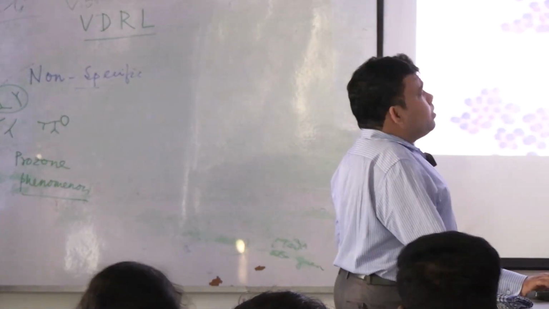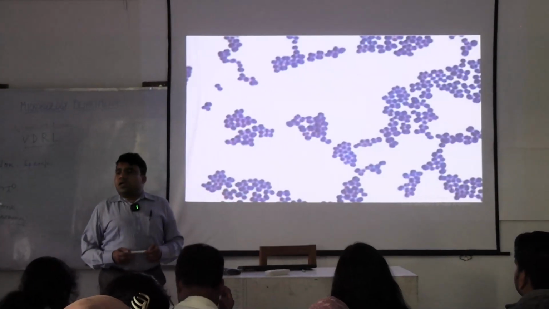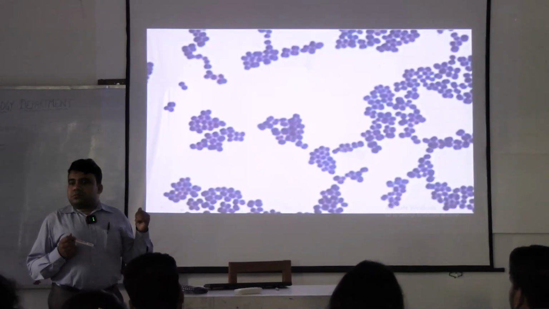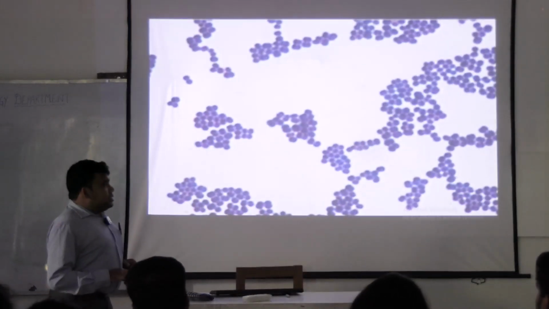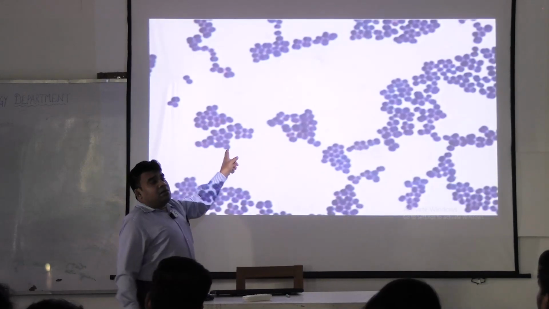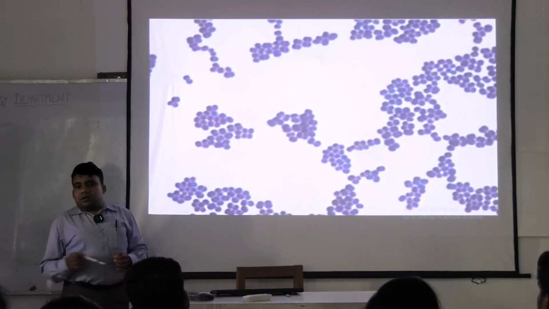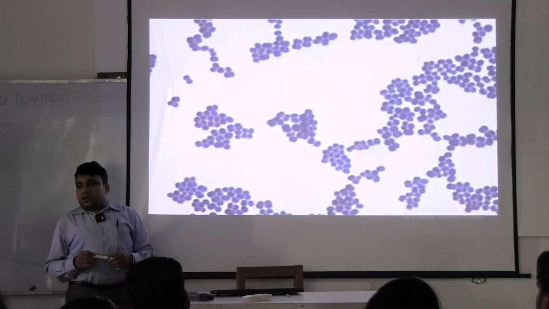Then let us look at some of the pictures. Over here you can see, what can you see? Don't jump to conclusions. What we can see, what is the shape? Cocci, gram positive cocci.